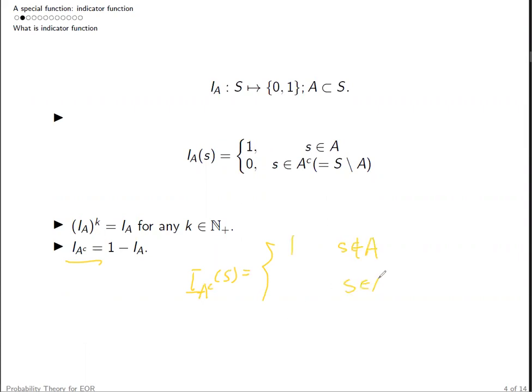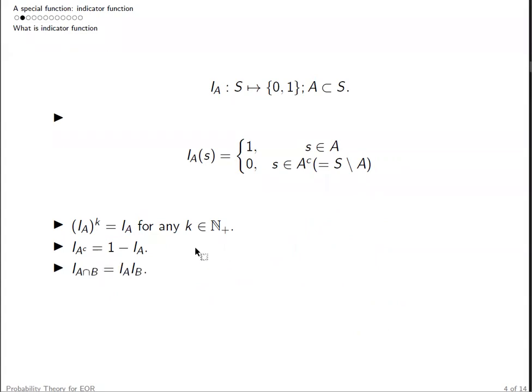If s is from A, it's equal to 0. It's exactly equal to 1 minus I_A(s), right? Because when s is not from A, I_A is 0, and 1 minus 0 is 1. If s is from A, then 1 minus I_A(s) is 1 minus 1, which is equal to 0. So on both sides of this identity, we have exactly the same function.